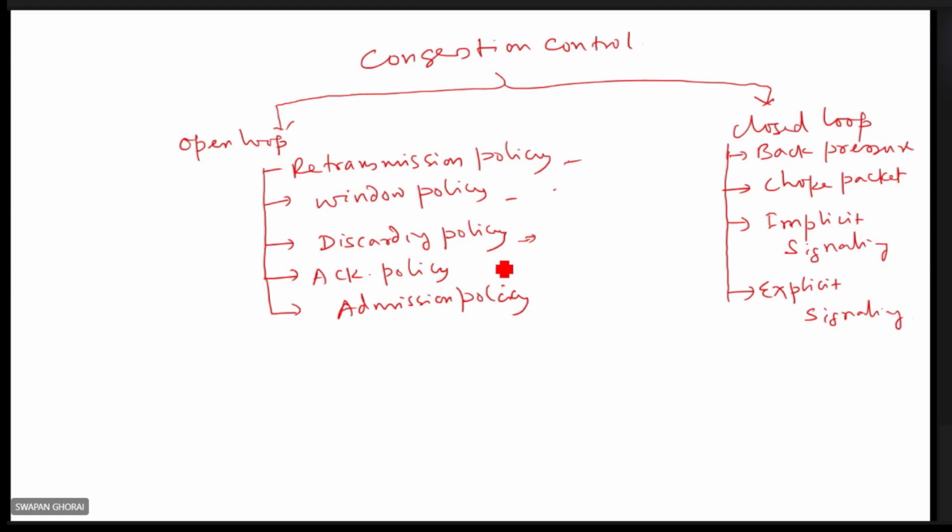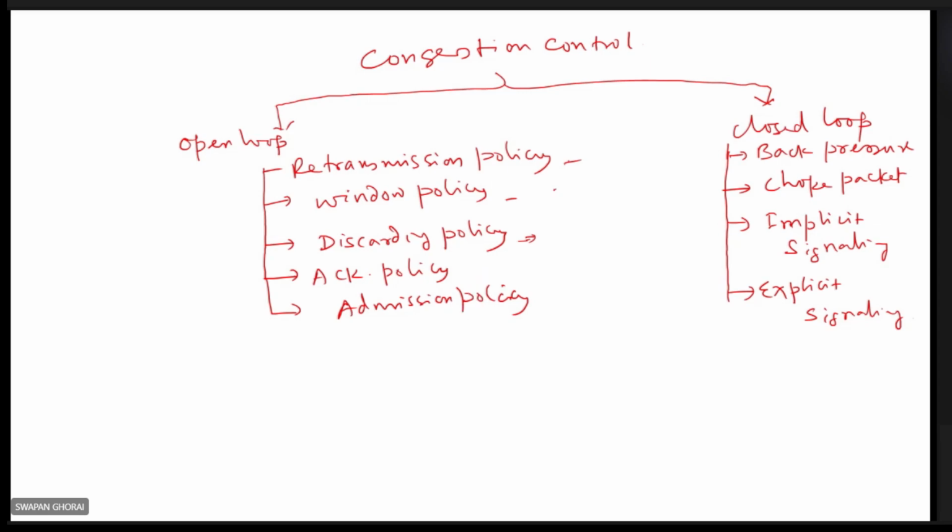Acknowledgement policy: here, just like stop-and-wait flow control, if the receiver does not acknowledge every packet it receives, that may slow down the sender and help prevent congestion. That is the acknowledgement policy. If the receiver does not acknowledge every packet that it receives, that will alleviate the congestion.